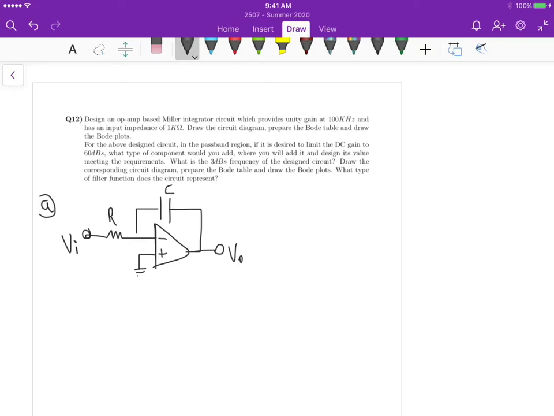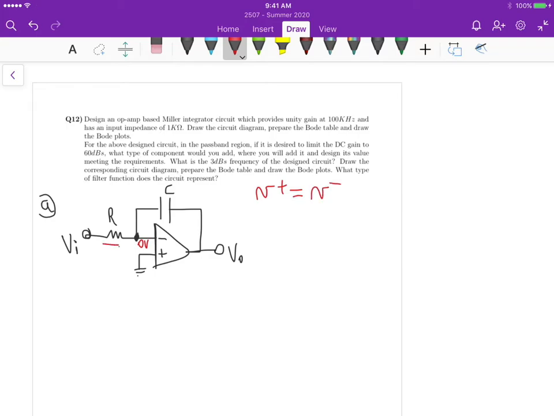Now, one of the things the problem says is that the input impedance should be 1K. If you look at the circuit, this is 0 volts here, because the non-inverting input is grounded, and remember, for an ideal op-amp, V plus equals V minus.